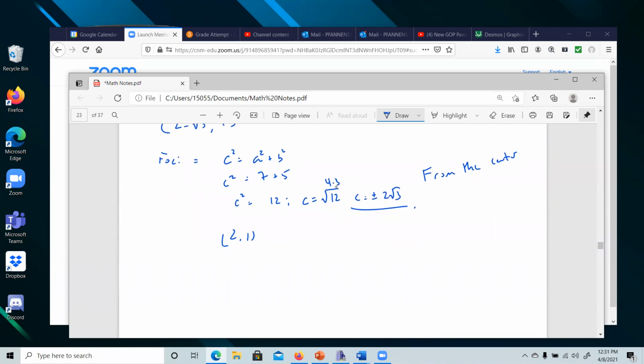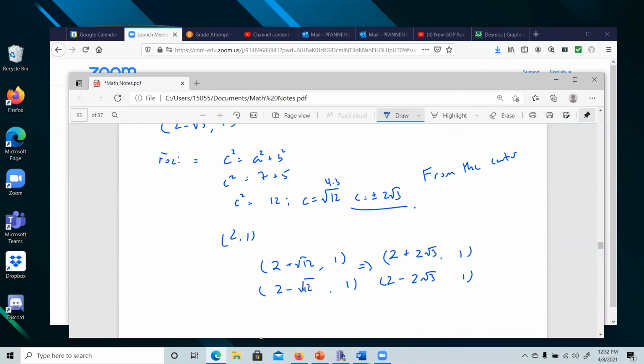So this would be 2 plus root 12, 1, and this would be 2 minus root 12, 1. Or to write it more politely, we'd have 2 plus 2 root 3, 1, and 2 minus 2 root 3, 1. Those would be our points.